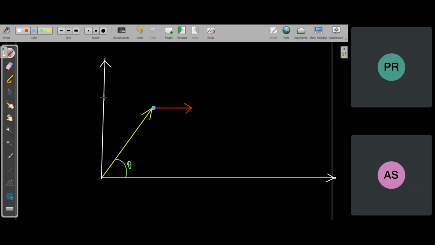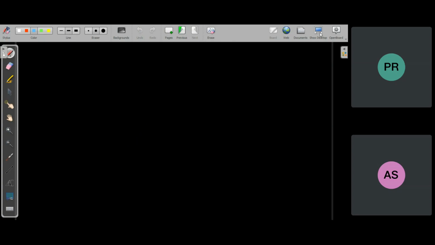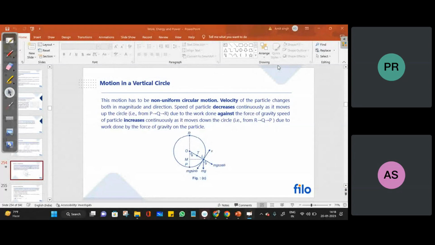Now again, you can ask what the difference is between position and radius vectors. In a circle we can say both are the same, but in general it is the position vector. It depends on the question, about which point they are asking the angular velocity. That point we will take as origin, because by default the position vector will start from that point.